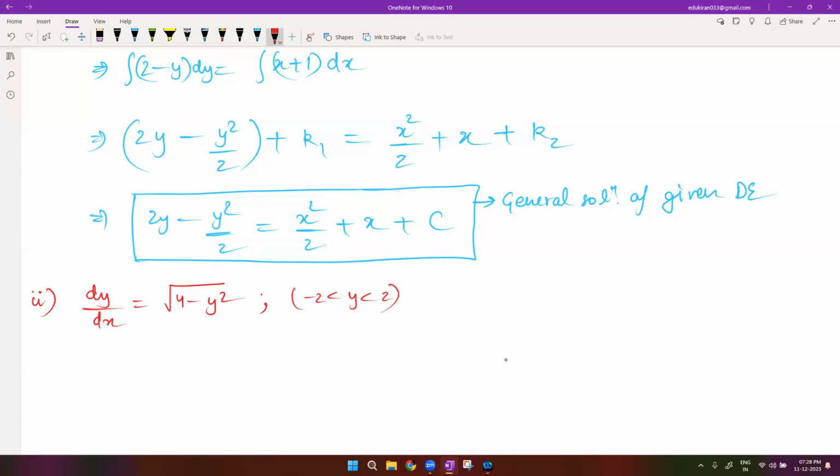No. Then why are we even asking about whether we can separate x from y? This is already separable because there is no x involved. So whatever is written, we can take all of that with y because this is a function of y. So we can write this as dy by root 4 minus y square is equal to dx.